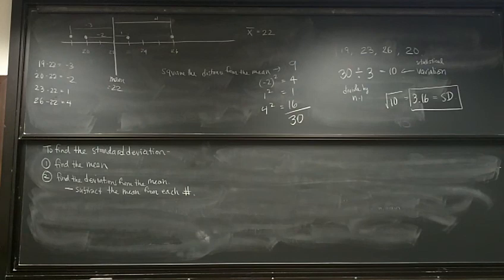Okay, none of these steps are hard. It's just following them in order. Find the mean, then subtract the mean from each number, which tells you the deviations. Square the deviations.